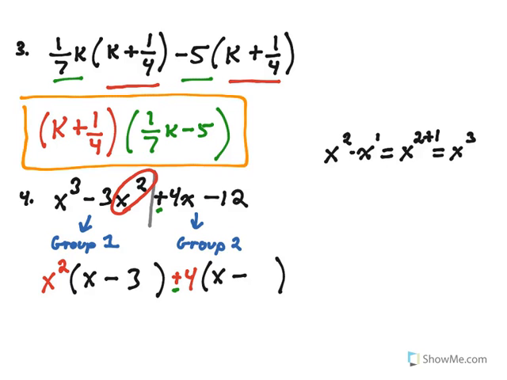The minus stays, and then 4 times what is 12? Well, it has to be 3. Now look at this, this is the same as this. We're going to factor that out. So then we have x minus 3, and of course the x plus 4 goes in its own set of parentheses.